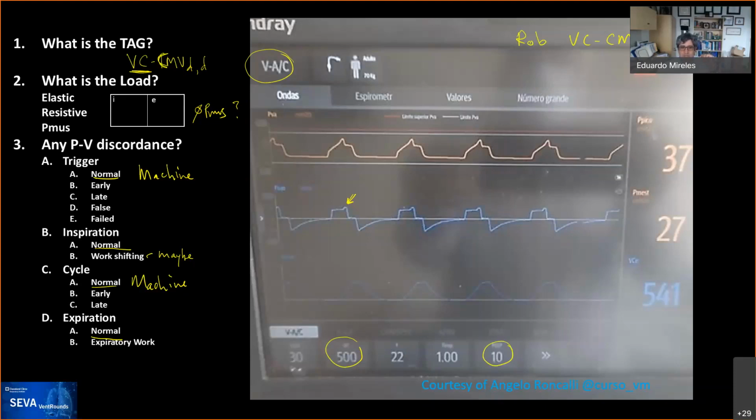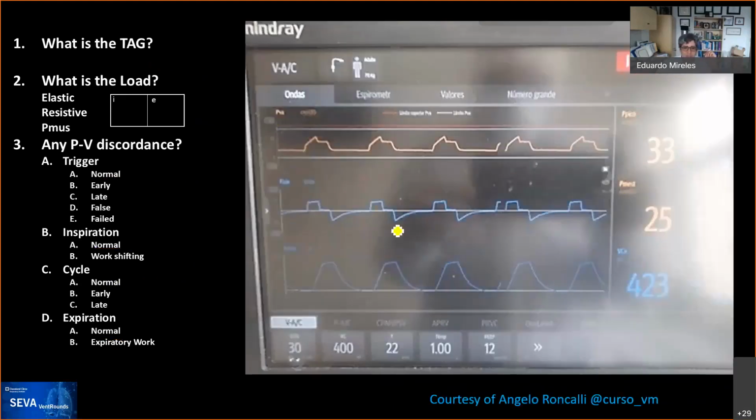The question was whether this is the stress index as a marker, and then they dropped the tidal volume to 400 and went up on the PEEP, and that finding went away. It disappeared, or I cannot see it anymore, at least on this waveform. I'm going to make it big for all of you.